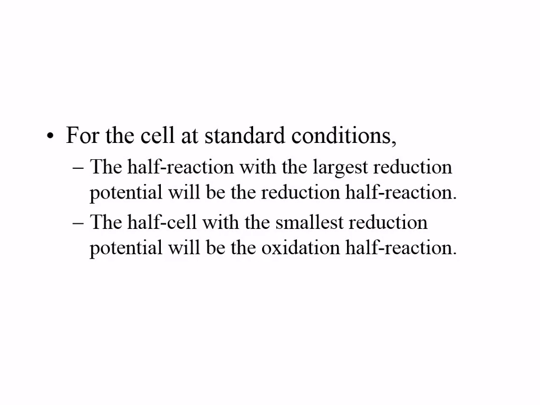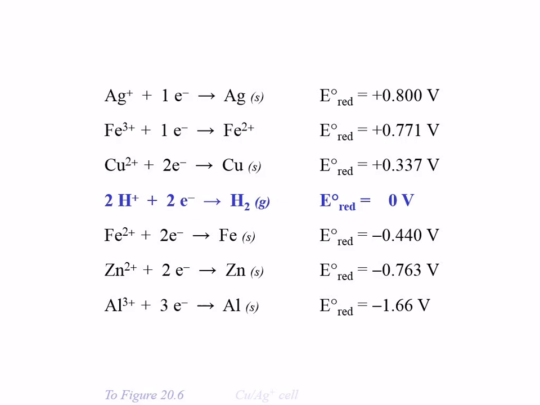For the reduction half, you pick out the highest reduction potential. For the oxidation one, you pick out the lowest reduction potential, swing it around the reaction arrow to make it oxidation, and change the sign of the E0. I'll show you what that looks like.